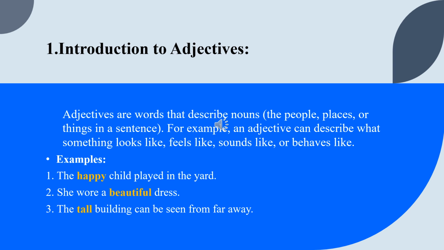She wore a beautiful dress. The third example, the tall building can be seen from far away. So, happy, beautiful, tall, all of them are adjectives.